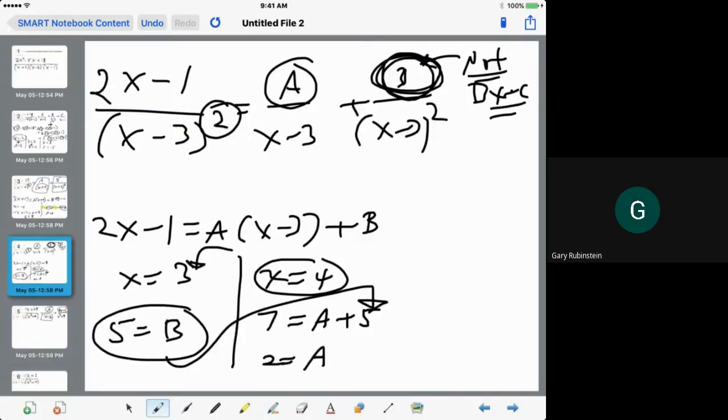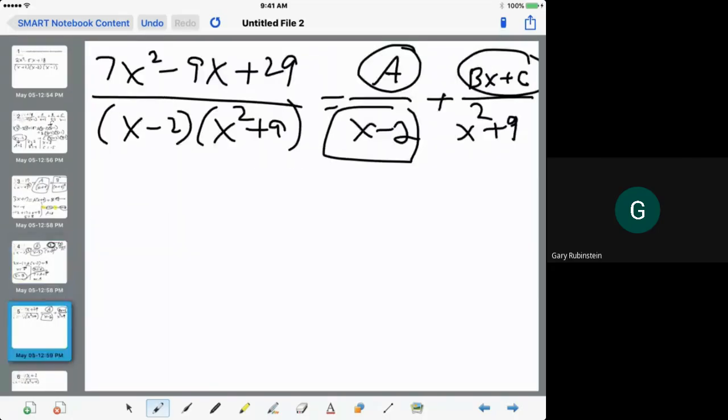This is a quadratic that has a repeated factor, repeat of this one. This one's an irreducible quadratic, and the denominator has a negative discriminant. Now, this one is kind of annoying to continue. And let's see why.